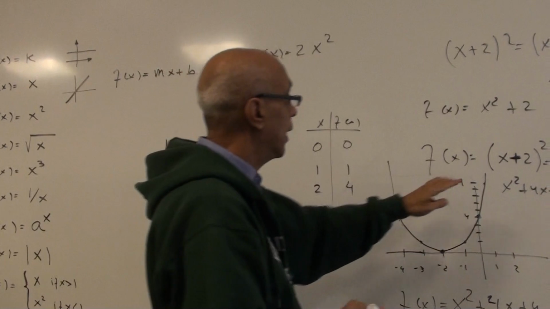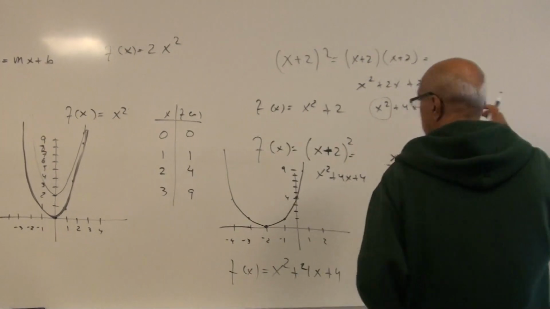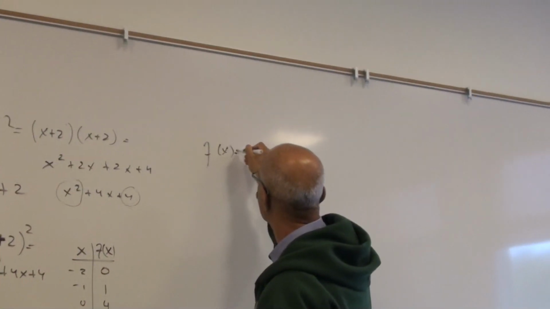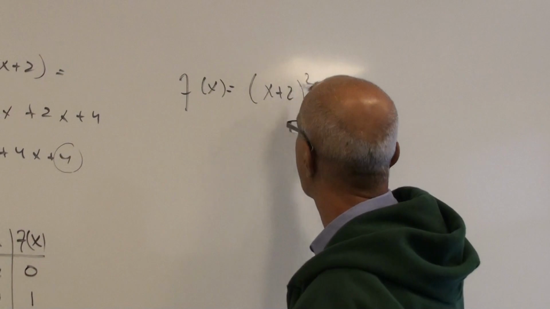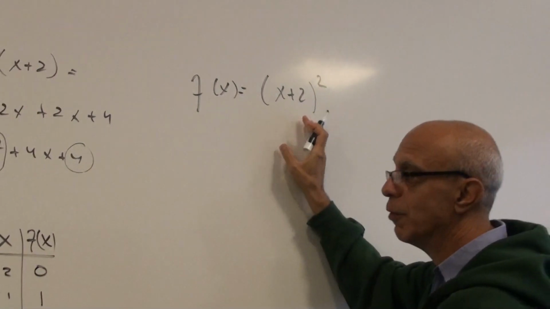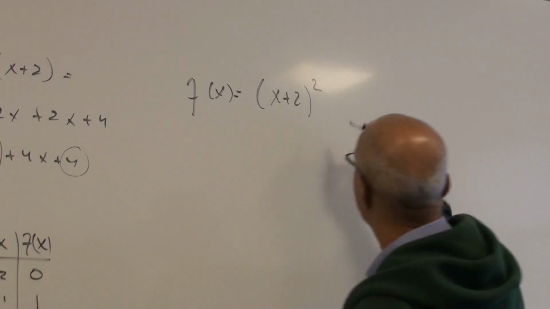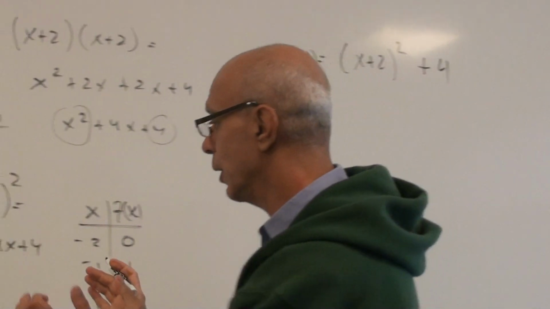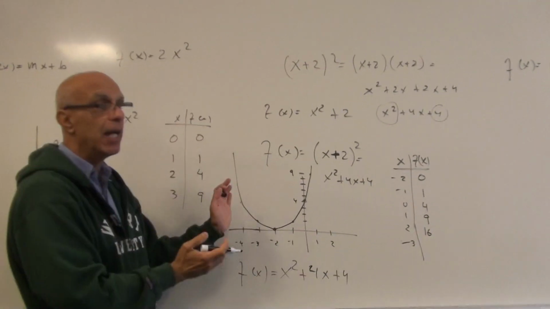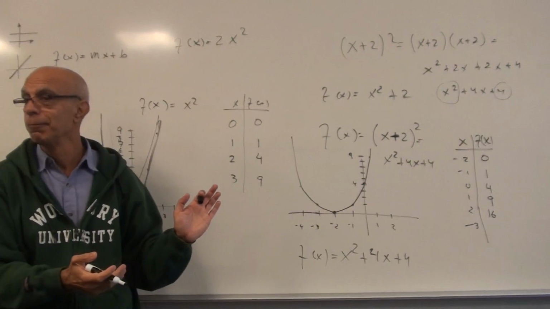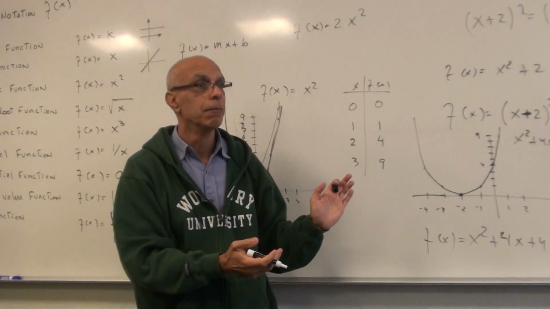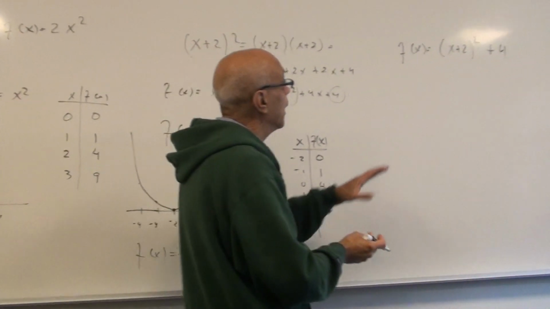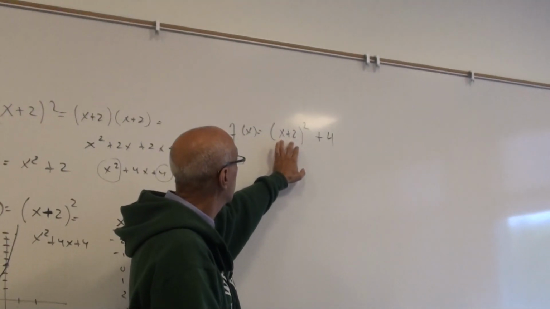Okay, what else we can talk about here? Also, if I had another function now, I'm going to write here on this side, if I have f of x equals x plus 2 squared, we know when we do this, we have shifted this to the left. Now, if I add, let's say 4, what's going to happen now to this one? When I add 2 to the x, I shift to the left.